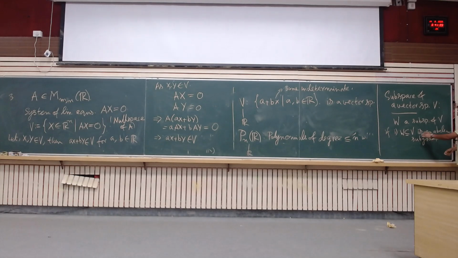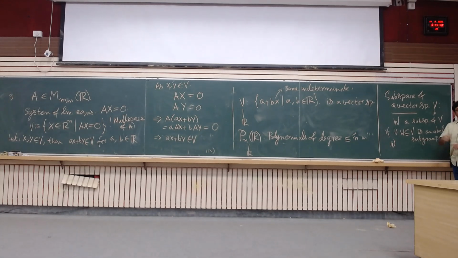So this is an abelian subgroup, and the second condition is that W is closed under scalar multiplication on V. Suppose V is a vector space over some underlying field. Repeating what a subgroup is: W itself is an abelian group under the same law of operation as in V, and it's a subset of V. It's closed under the same law of composition as in V, and it satisfies two properties.